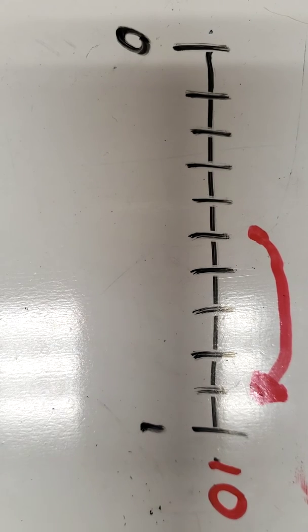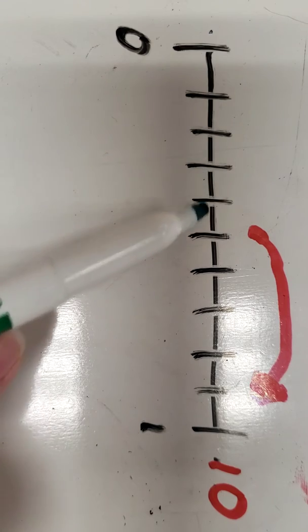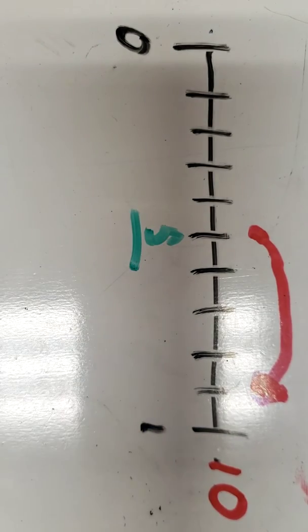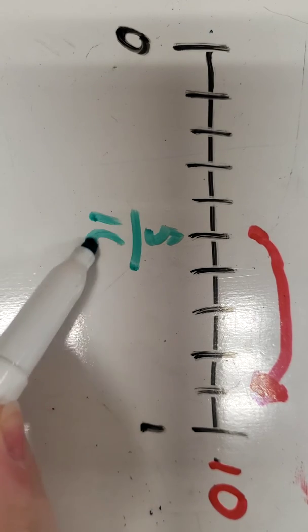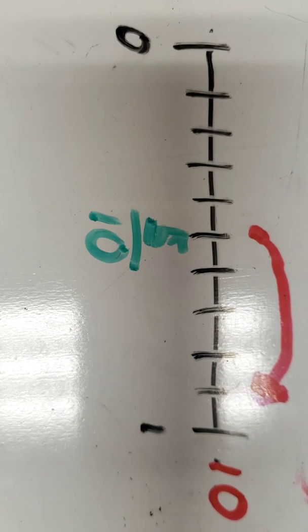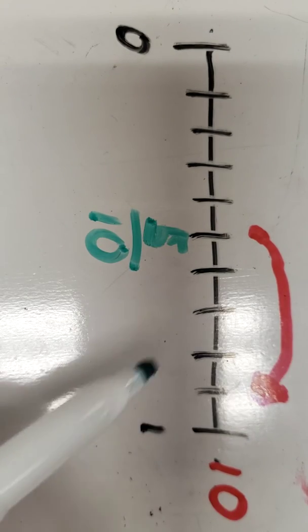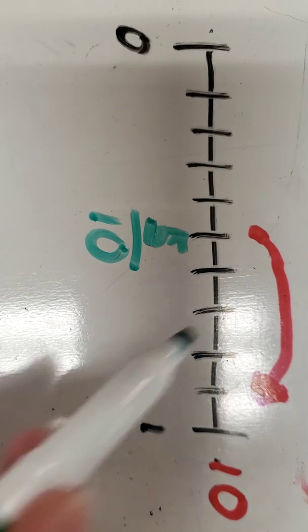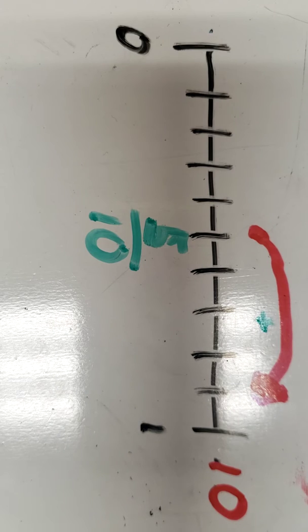So I'm only going to label the fractions that I need. The first fraction that I have is 1, 2, 3, 4, 5. So it's 5 tenths, because 10 is the denominator for all of my fractions. So 5 tenths is the first number of my problem. And remember, when the arrow goes to the right, I am adding. So this is an addition problem.